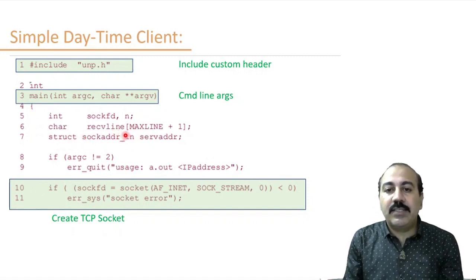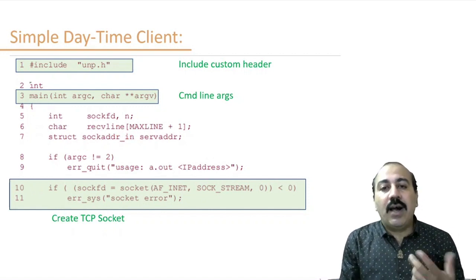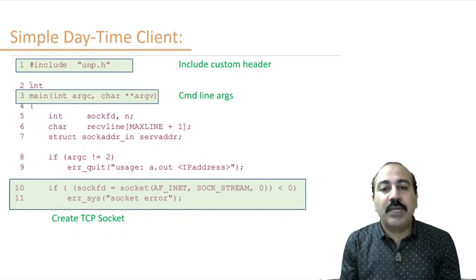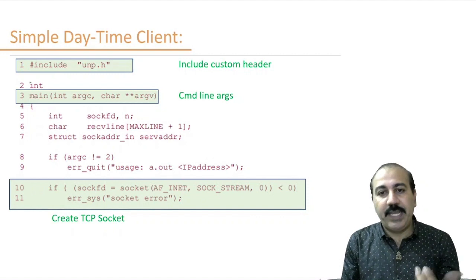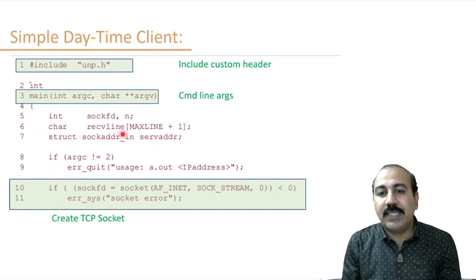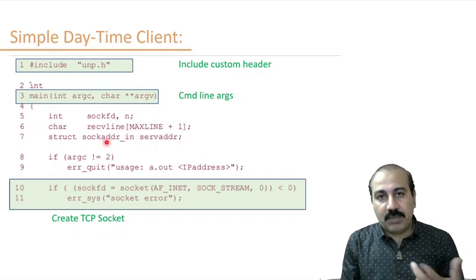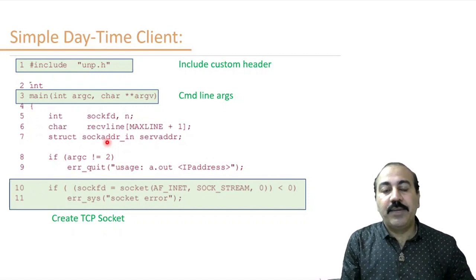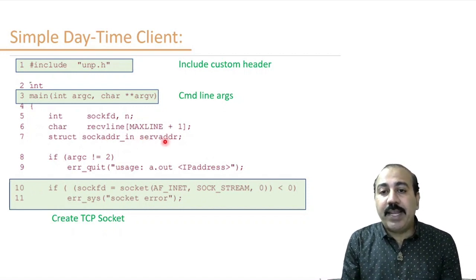This structure actually defines how the address of any machine should be, especially in computers. What members this structure has, we will see later. And here I'm declaring a variable. It is just like declaring an integer variable.